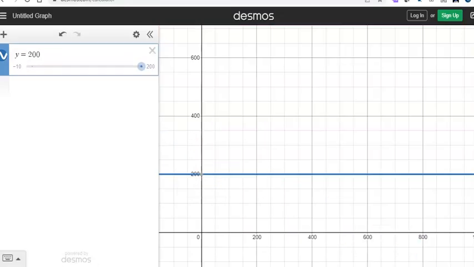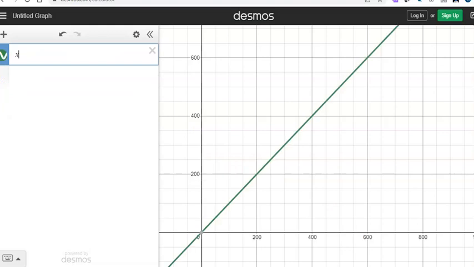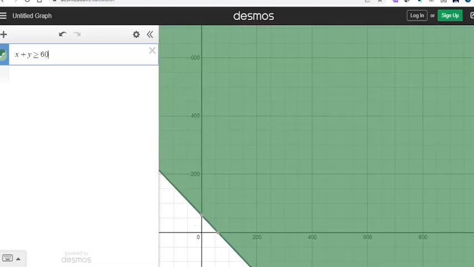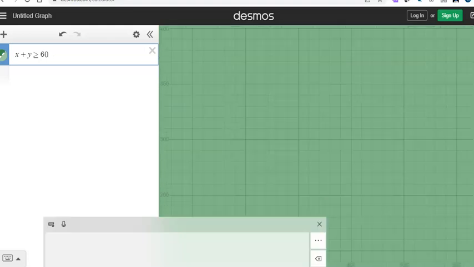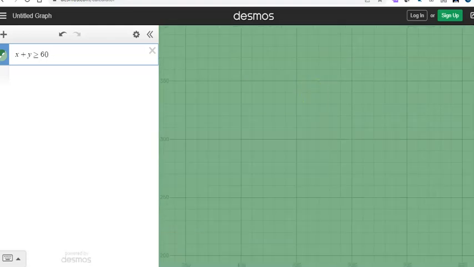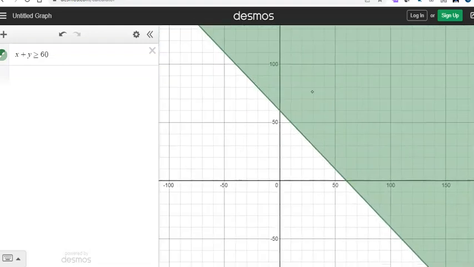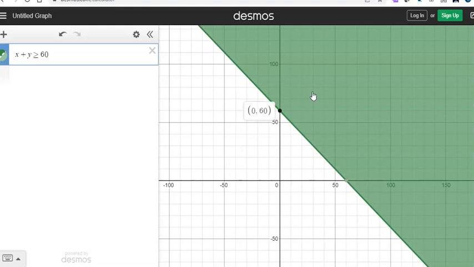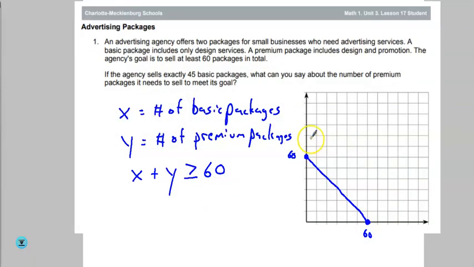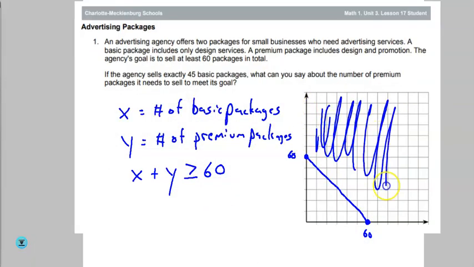And we can see that x plus y greater than or equal to 60. We know 60 is the intercepts, and it's shaded up here because you want it to be greater than 60. So the shading is up on this side.